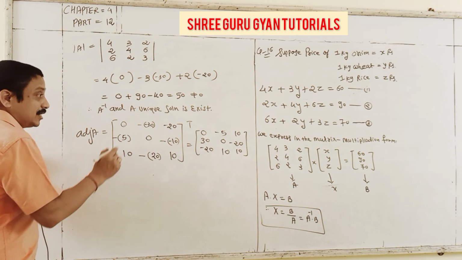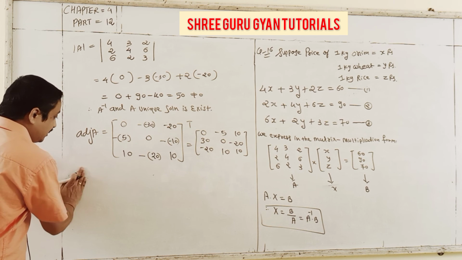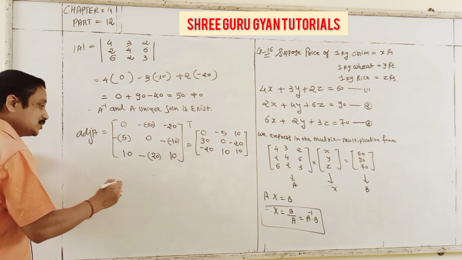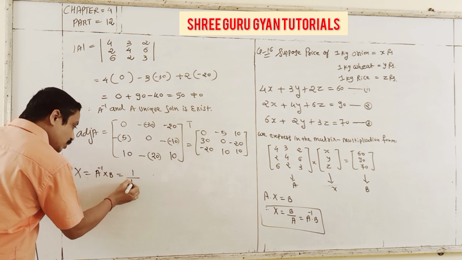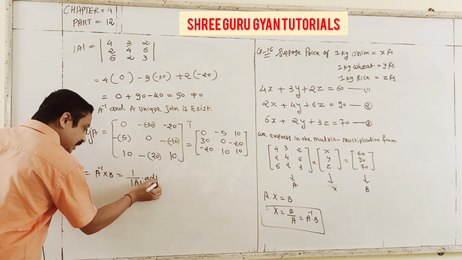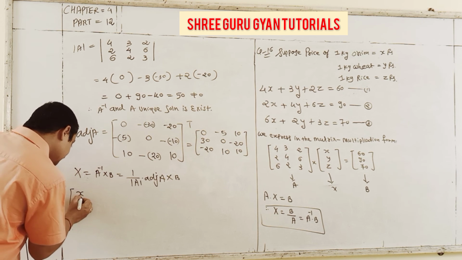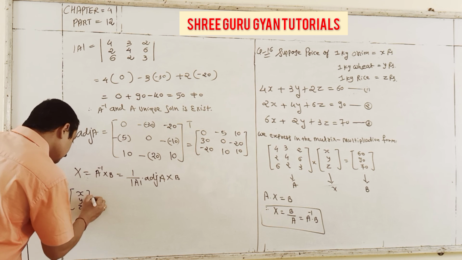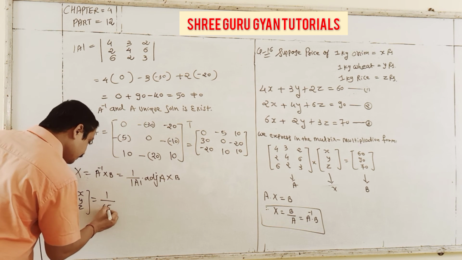So A inverse is finally found, don't worry. So X is equal to A inverse into B, which is 1 upon determinant A into adjoint of A into B. So it is x, y, z. Determinant A is known, it is 50.